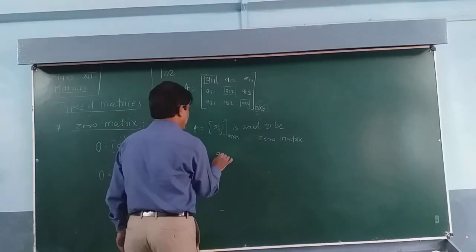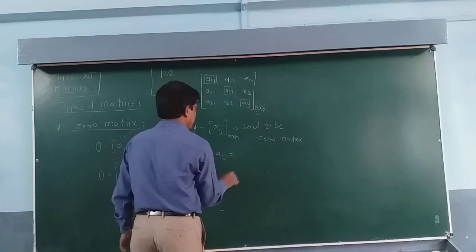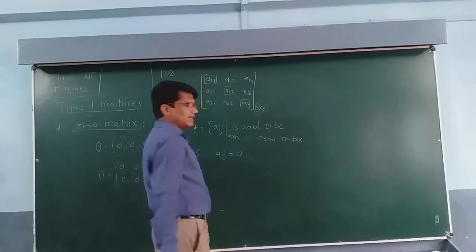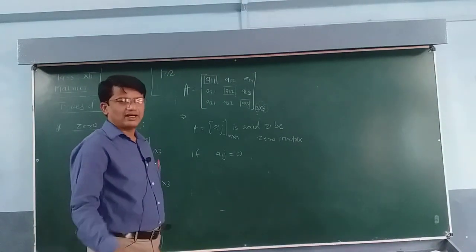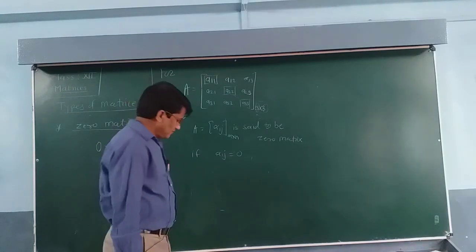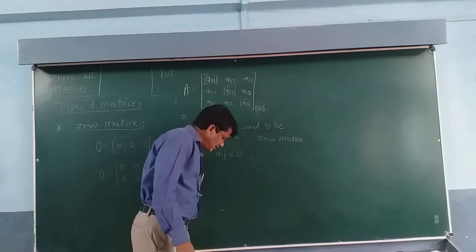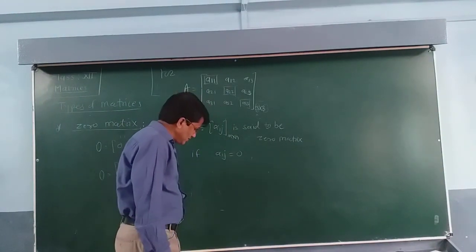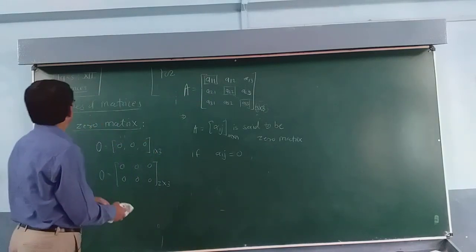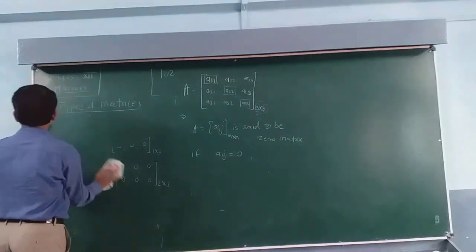That is, aij equal to 0 for i equal to j, or i not equal to j. For both conditions it should be a zero matrix. It is denoted by O. Okay, this is about the zero matrix.